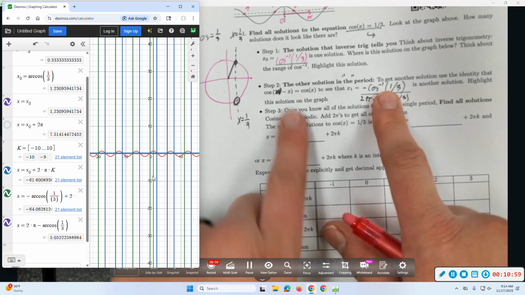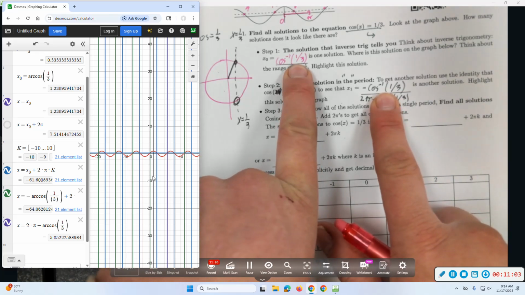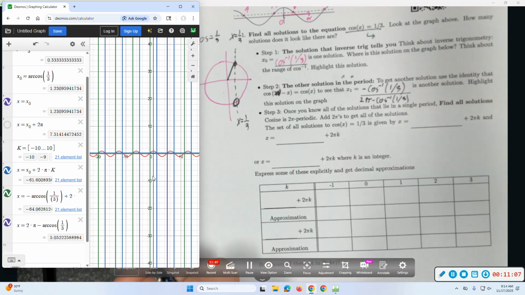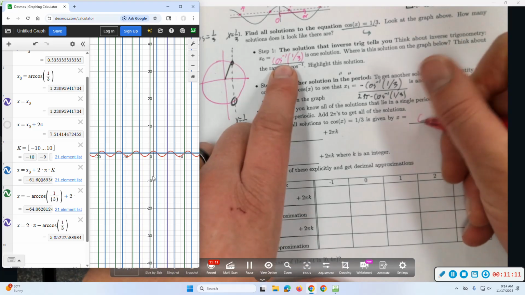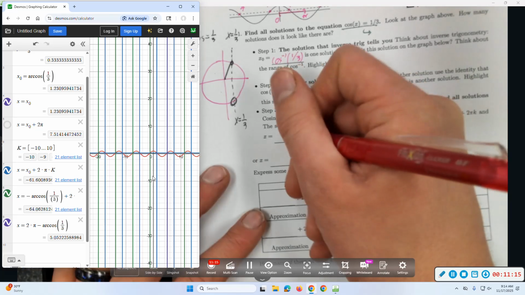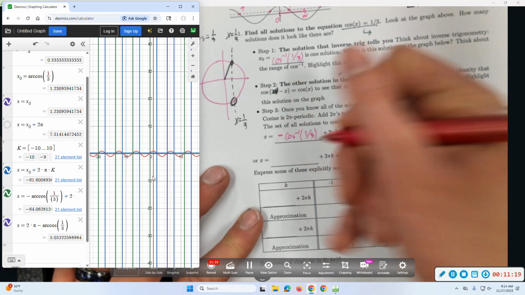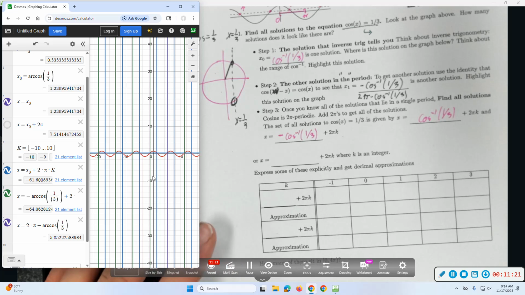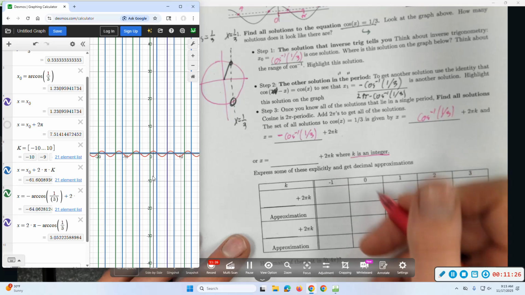It doesn't matter which two solutions you find, as long as they're two really distinct solutions. You can find all the solutions by taking cosine inverse of 1 over 3 plus 2 pi k, and negative cosine inverse of 1 over 3 plus 2 pi k, where k is an integer.